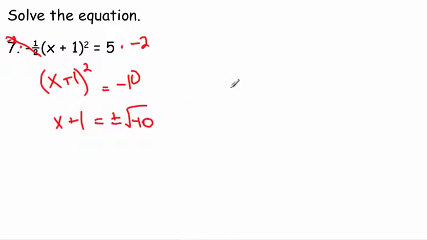Now over here to the side, I'm going to simplify the square root of -10. 10 is 2 times 5. So I don't have any pair of numbers when I prime factorize it. So the only thing I can do is change this negative into an i. So this is just going to get me i square root of 10.